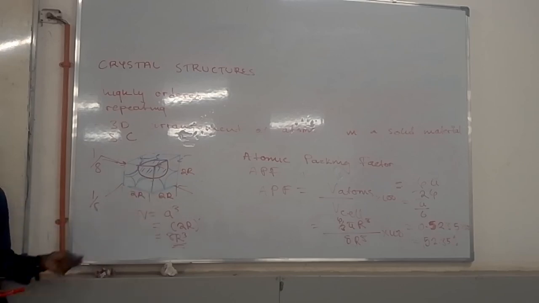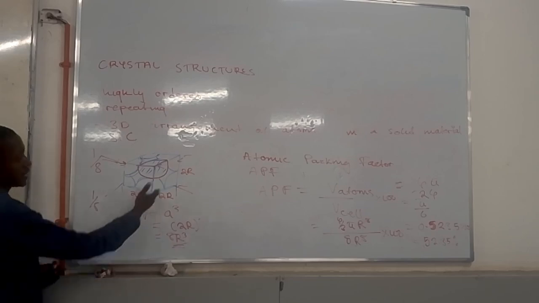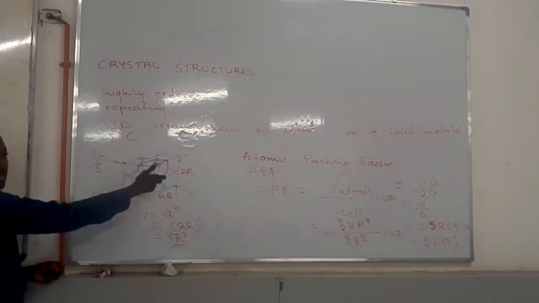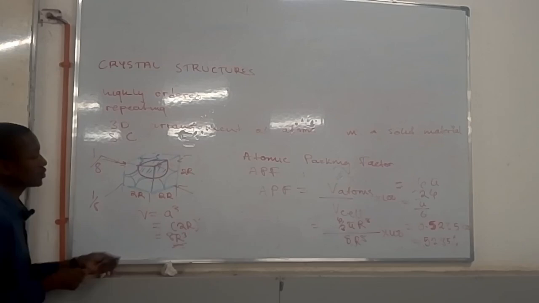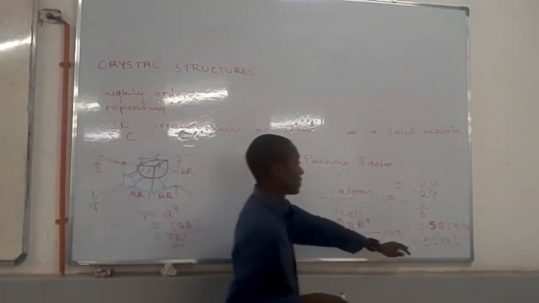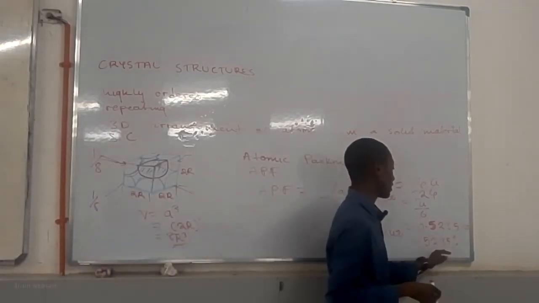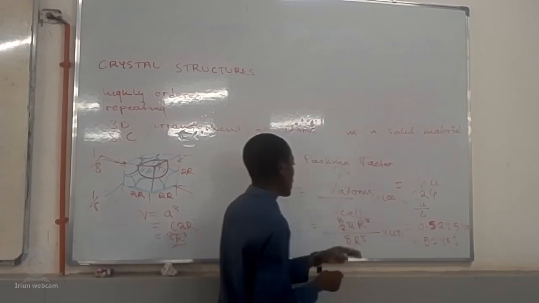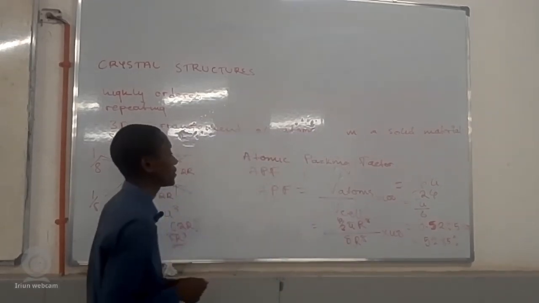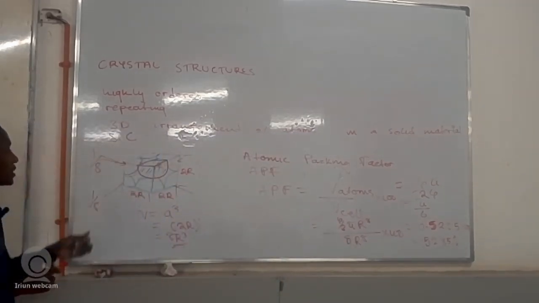So the other space is just left like that. As you can see here, there are gaps. There's nothing. So this unit cell has only taken 52.35%.